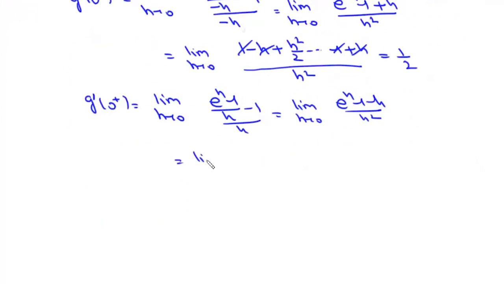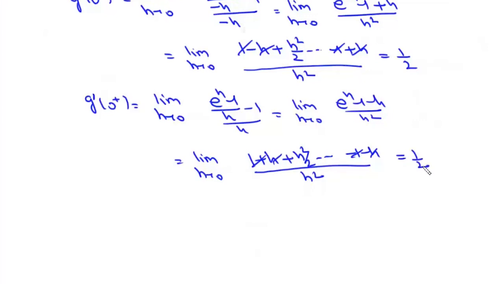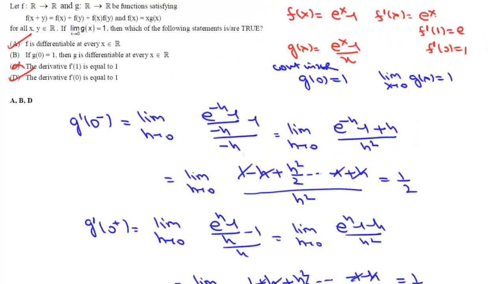So it will be this limit as h tends to 0 of 1 plus h square upon 2 and higher powers minus 1 minus h upon h square. Now it will cancel. This is 1 by 2. So this function g(x) is differentiable at x equal to 0 and therefore it is differentiable for x belonging to R.